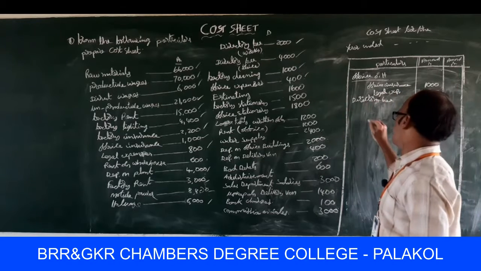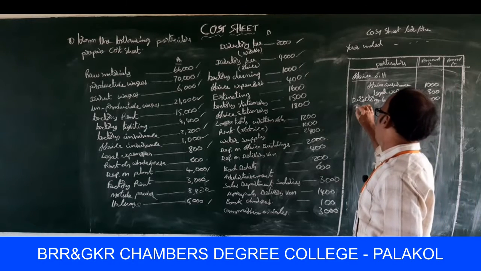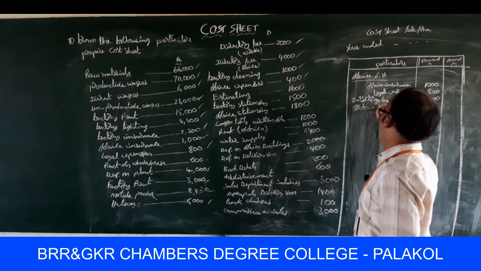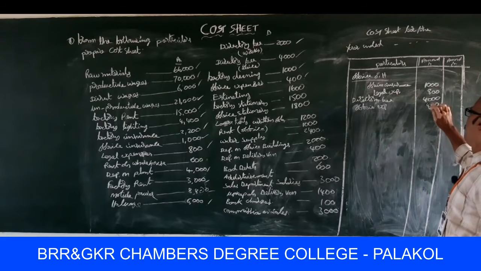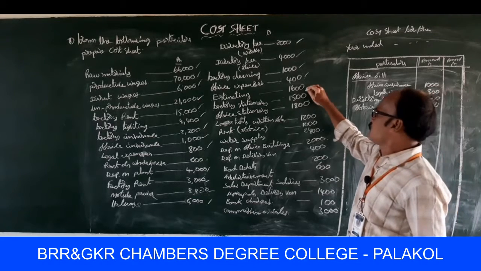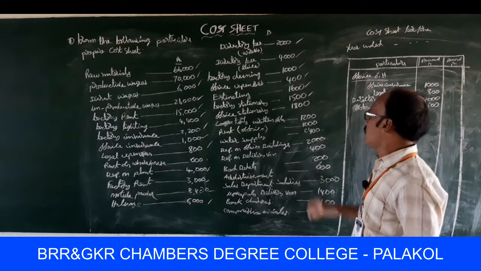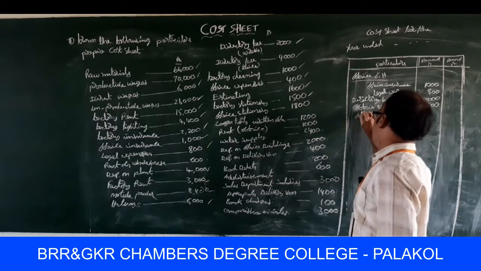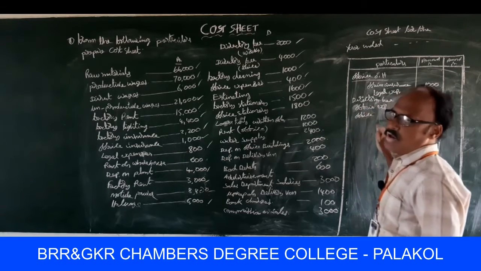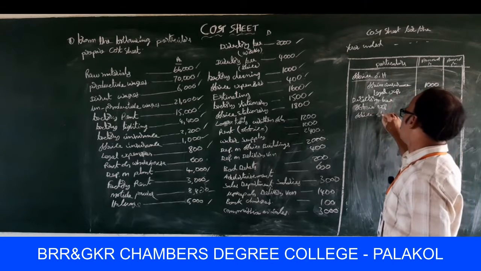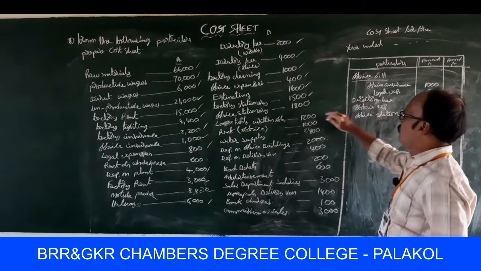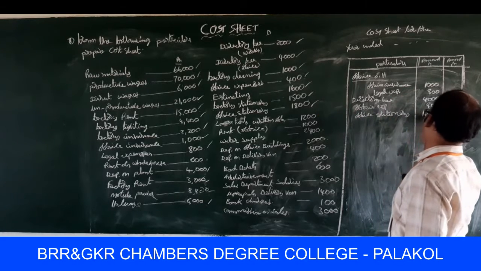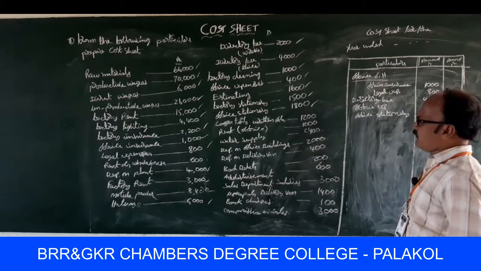Next one, office expenses, 400. Estimating over, factory stationery over. Office stationery, 1,800.